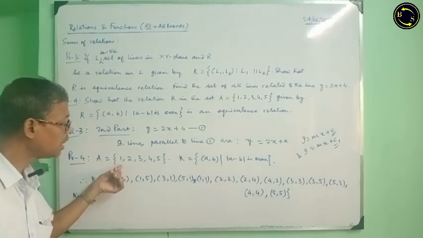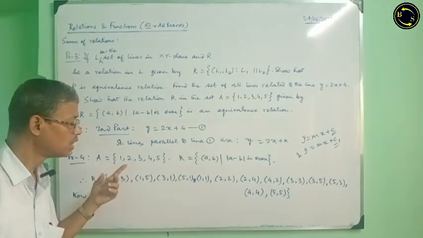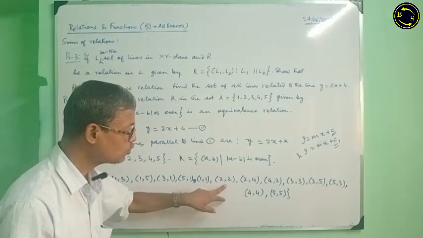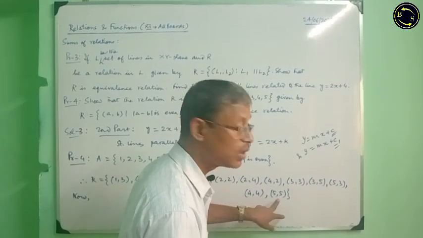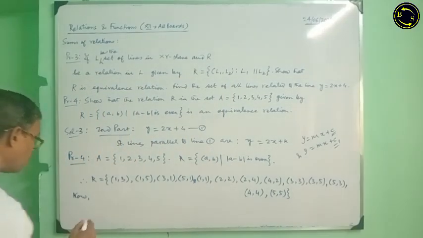Here every member is related to itself because the difference of 1, 1 as well as 2, 2, 3, 3, 4, 4 and 5, 5 is 0, which is even.